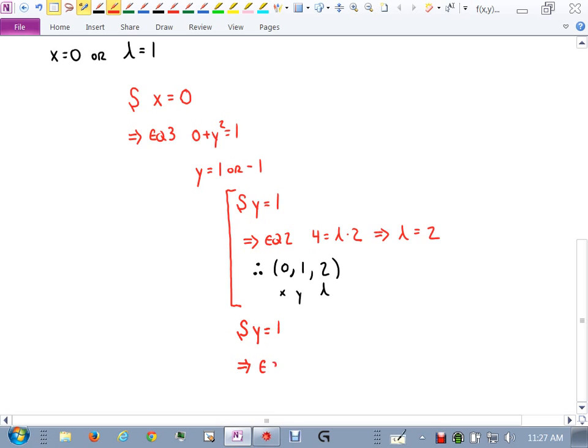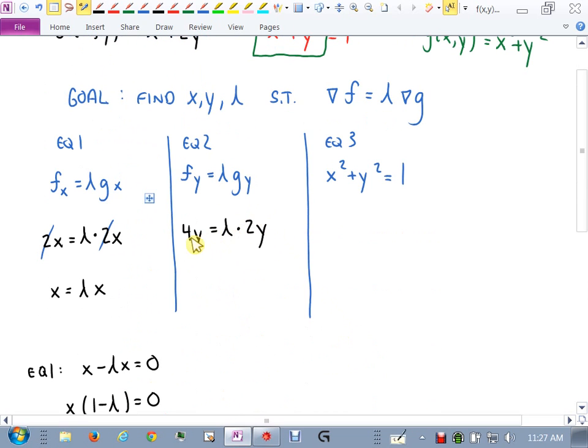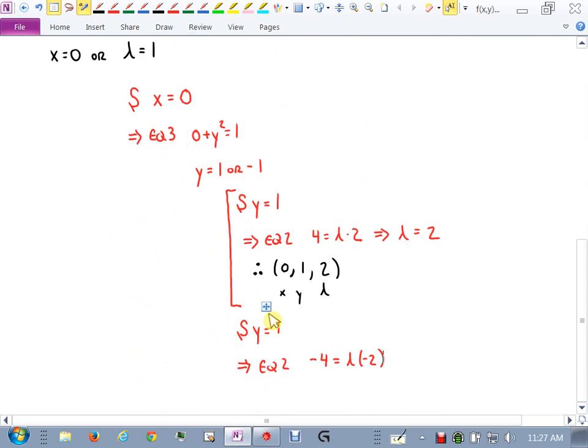Equation 2 tells me that, what? Negative 4 must equal lambda times negative 2. Yeah? Is that what it was? Yeah, that's just negative and negative, so. But that just gives me the same lambda, doesn't it? I'm out of room on this page, so I'm just going to keep writing to the side here. This means lambda is 2.